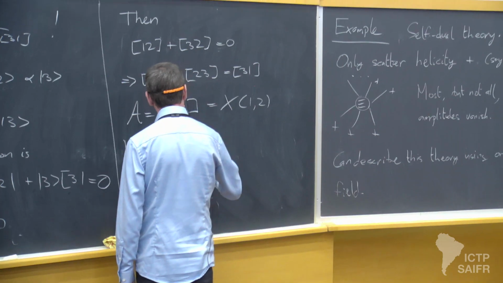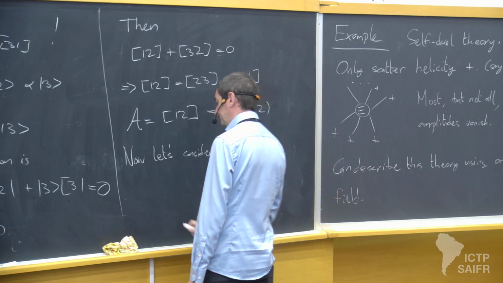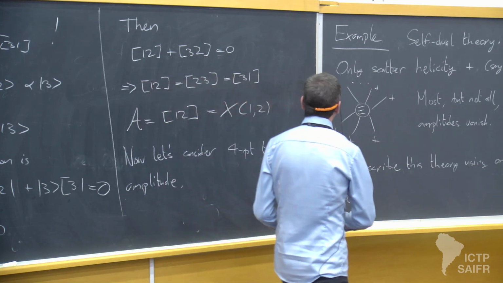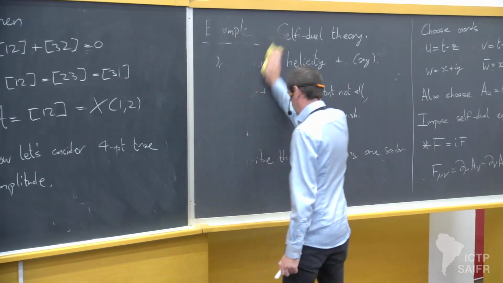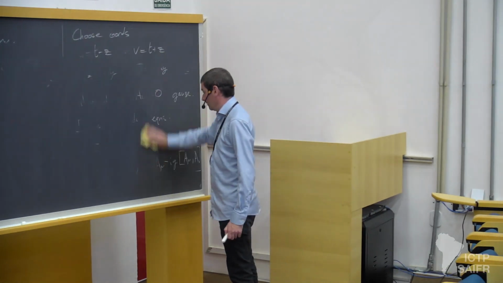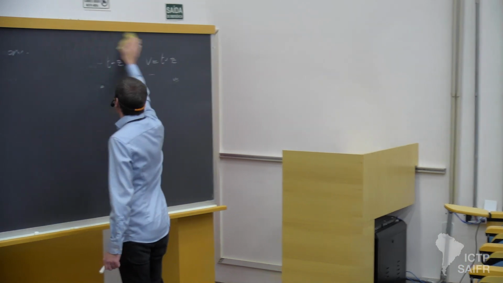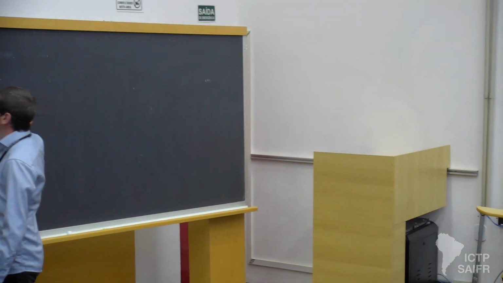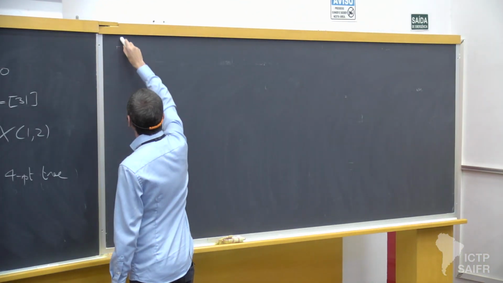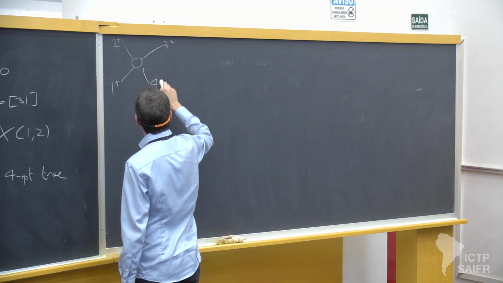Now let's start talking about amplitudes in this self-dual theory. The 4-point amplitude, let's say it's like this: 1 plus, 2 plus, 3 plus, 4 minus.